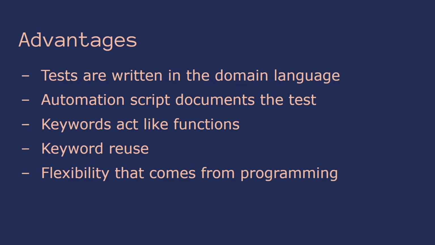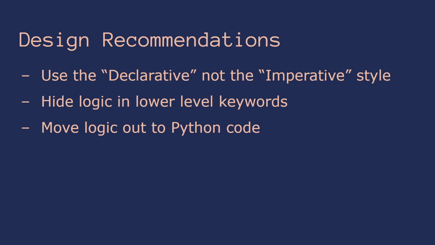And because it is a natural language programming language, it has that flexibility. And flexibility really comes with that ability to program. Now, on top of that, with that flexibility comes the ability to misuse or to poorly use the language.